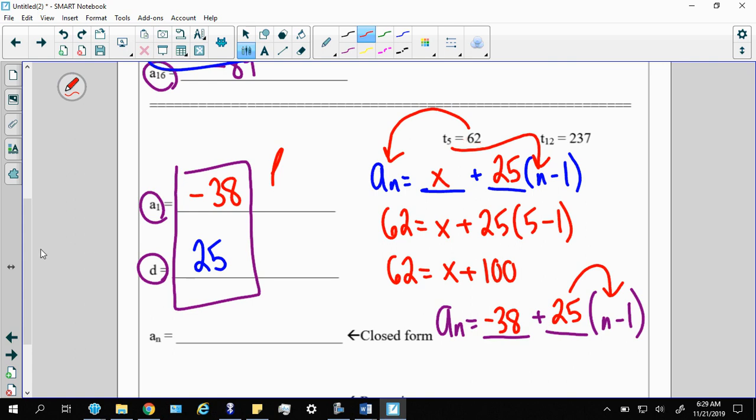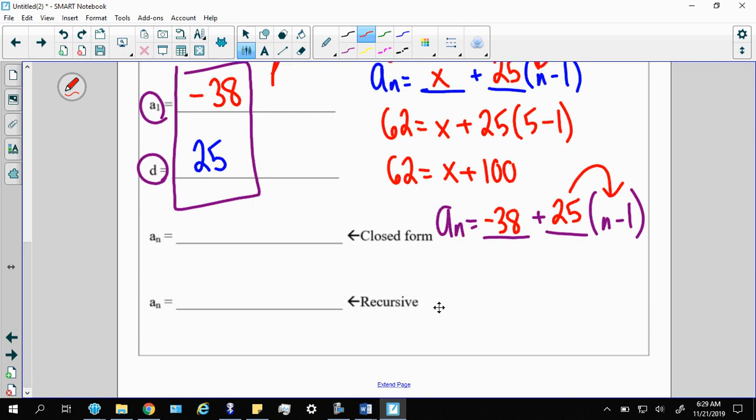All right, so then you take this part and just do basic algebra at this point. So it is going to be negative 38 plus 25n minus 25. Combine like terms, and you get 25n minus 63.